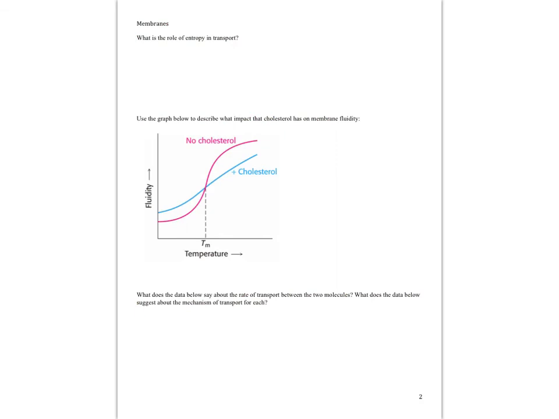So really, I have talked about this question here. What is the role of entropy in transport? Well, there's a couple of ways I could say that it's involved. The easy one is in gradients.